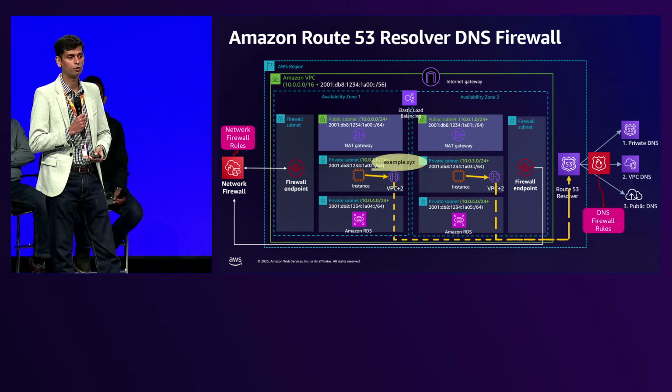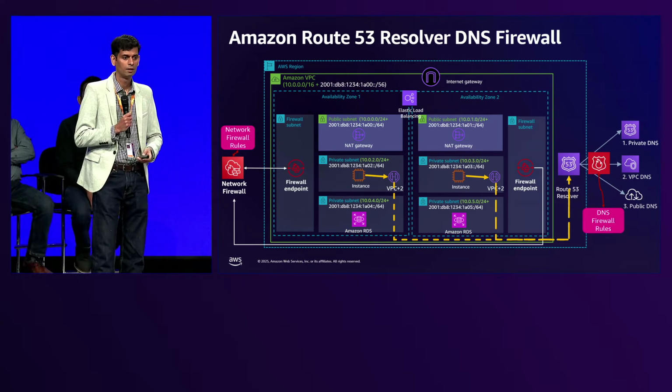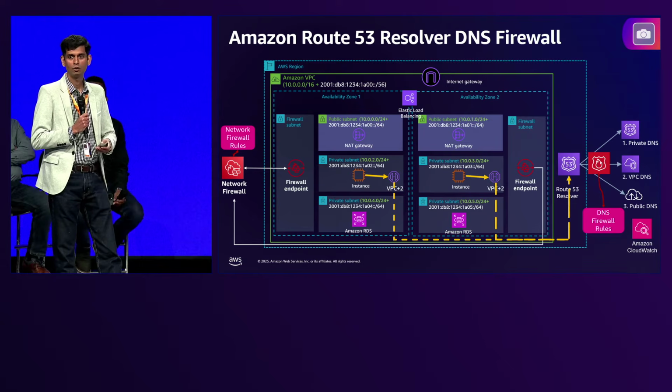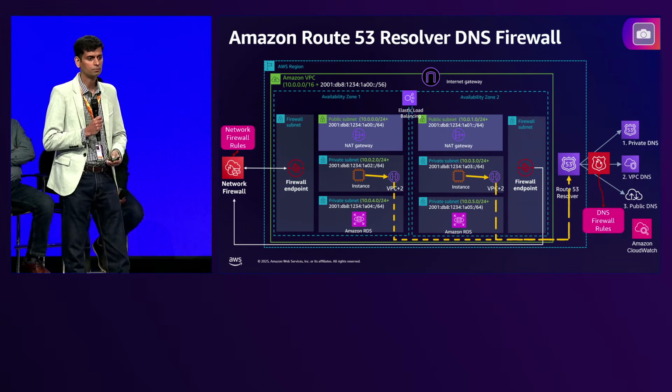When you make a query to example.xyz, it reaches the Route 53 resolver, but then the DNS Firewall rules will block it, and the query will not resolve to an IP address. These queries can be logged to Amazon CloudWatch, and you can look at whether a particular query is blocked or allowed, and so on.